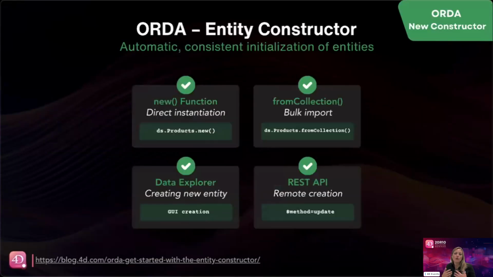Meaning the constructor runs automatically in every creation path. When you create an entity manually with ds.product.new, when you import data using the from collection function, when someone creates a new record in the Data Explorer, or even when a client app creates data remotely through the REST server.